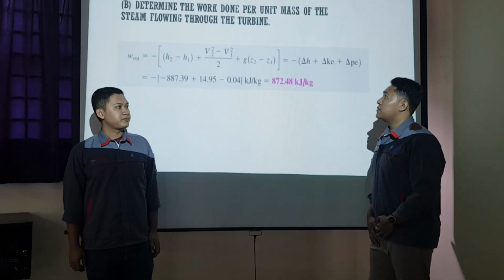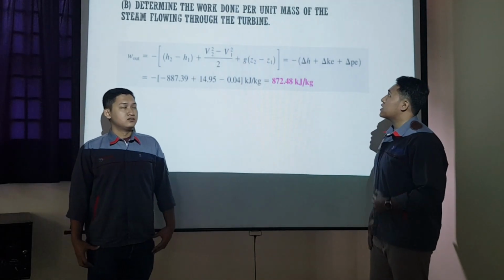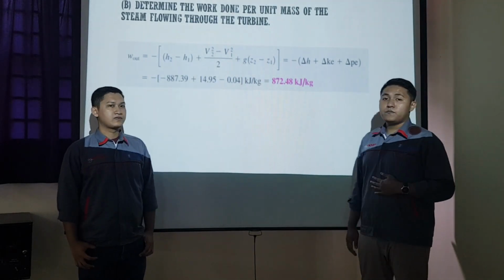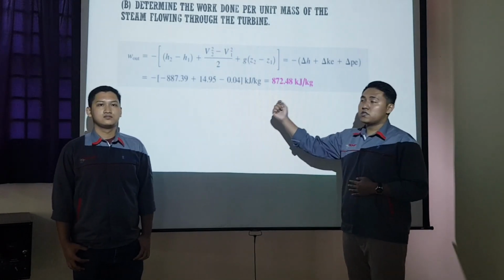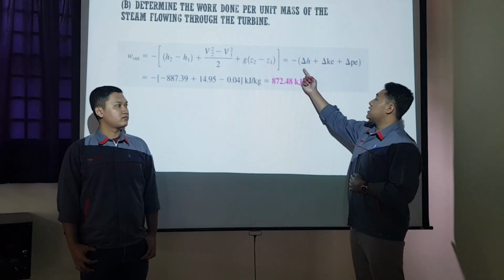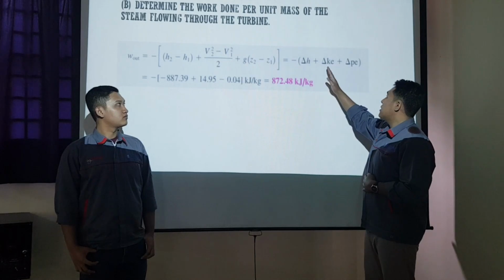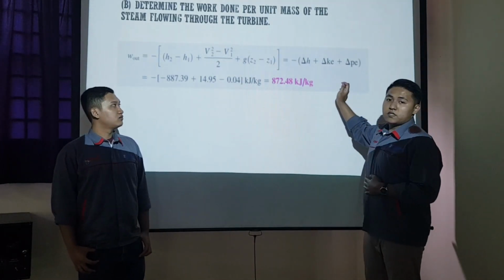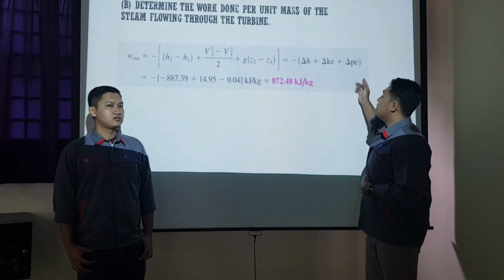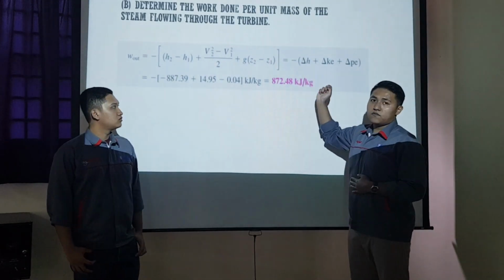For question B, we need to determine the work done per unit mass of the steam flowing through the turbine. From the equation, the work done is negative change in enthalpy plus change in kinetic energy plus change in potential energy.